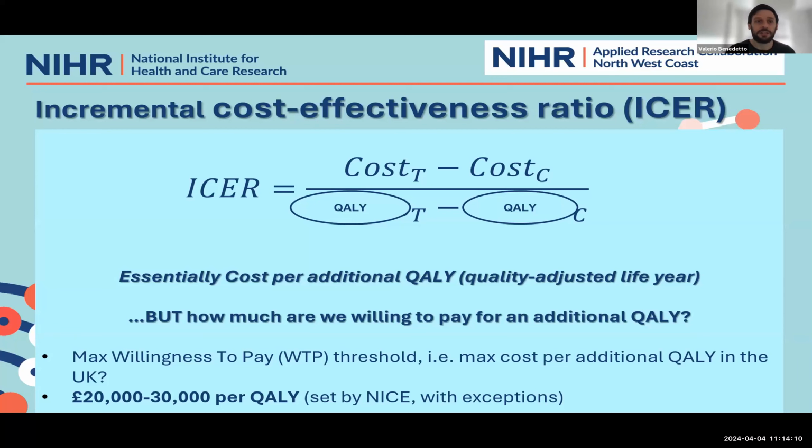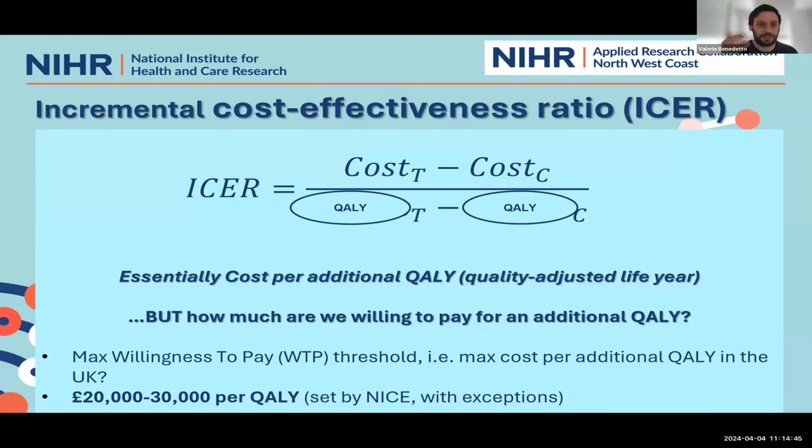For example, the innovative nature of the technology, the particular condition we are talking about, the particular population the intervention is trying to take care of, or the wider societal benefit. Anything above £30,000, usually but not always, is considered not cost effective.